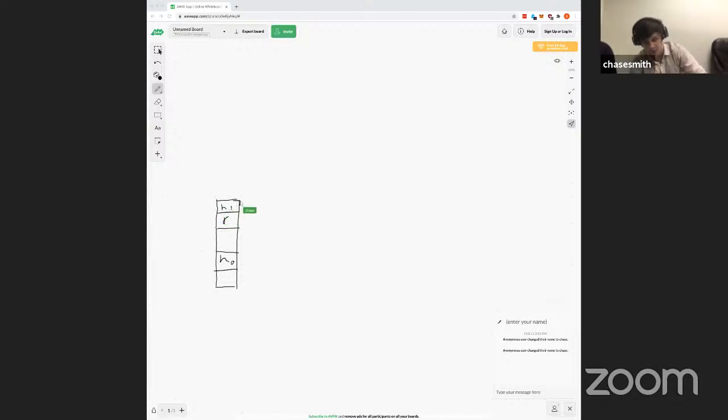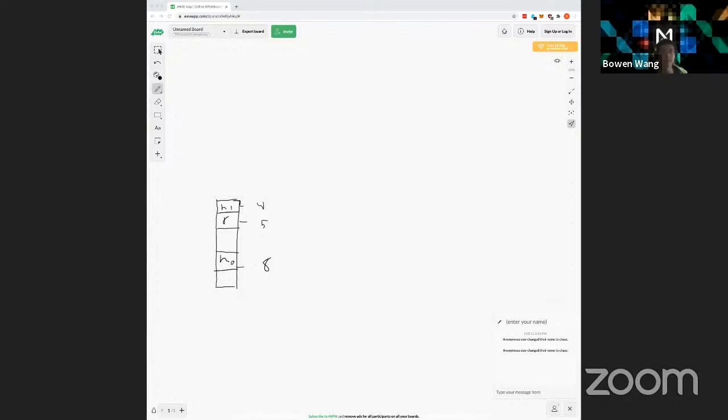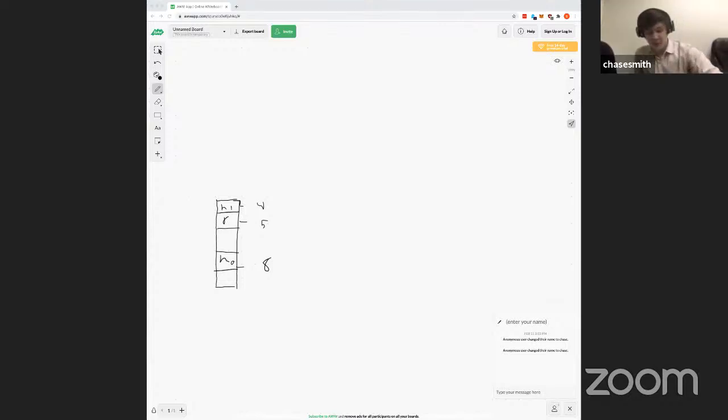So this could be 4, this could be 5, and this could be 8. Obviously I'm just trying to make it simpler; it's going to be a 32-byte hash. The issue is that when you're requesting this data, you have to make these database requests, and you have to make multiple database requests.